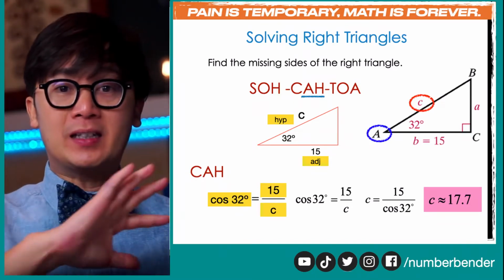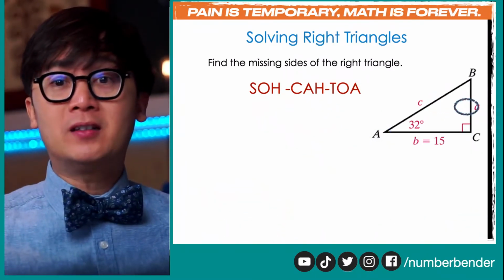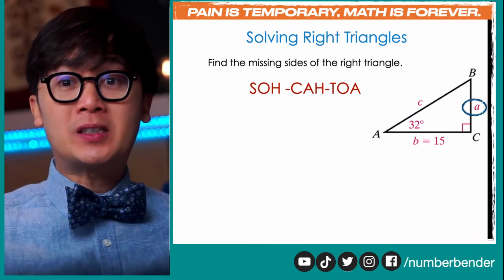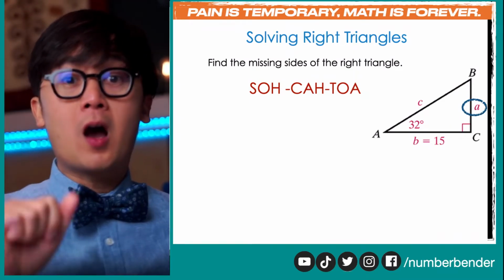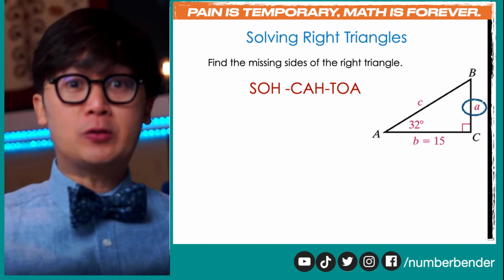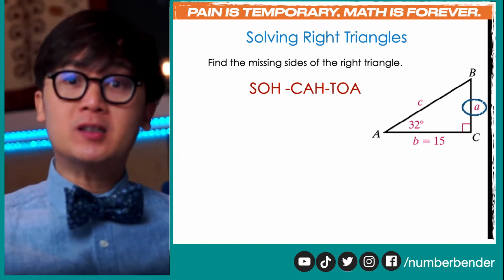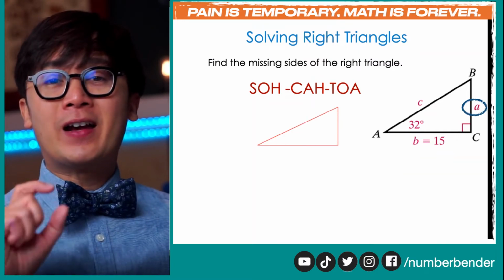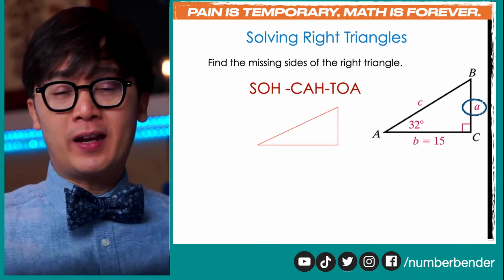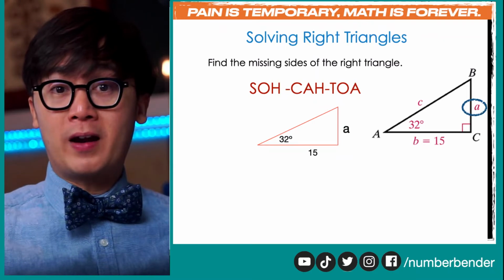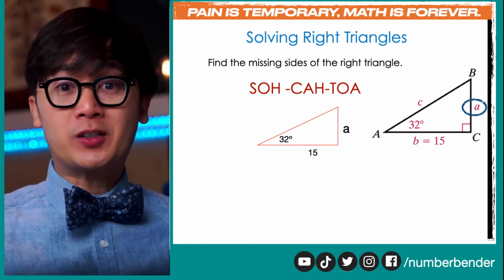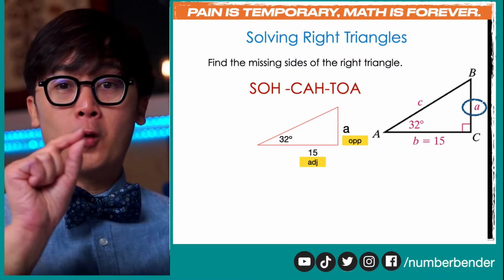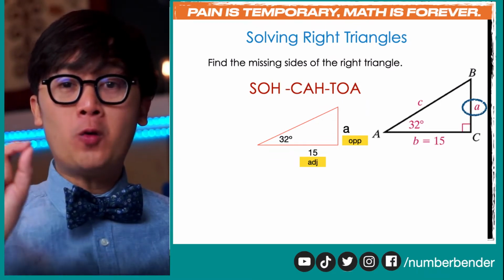And now let's clear our triangle and focus our attention on side length A, which happens to be the opposite of our 32 degrees. This is important because we're formulating our formula, and by understanding the right triangle and making sure that we are using the correct values from the information given, we know that we have O and A, the opposite and adjacent.